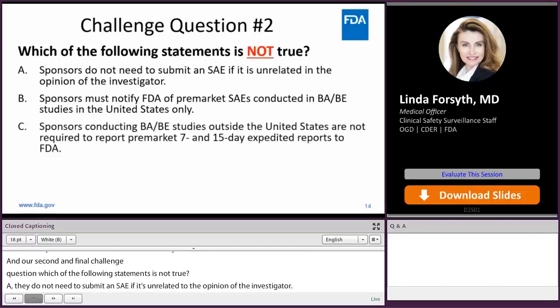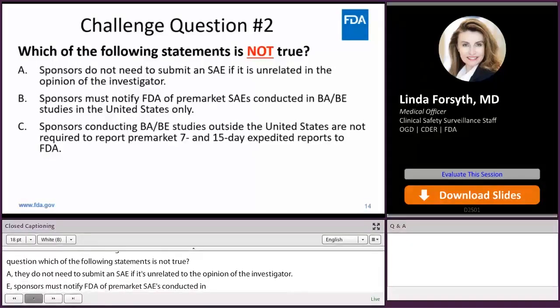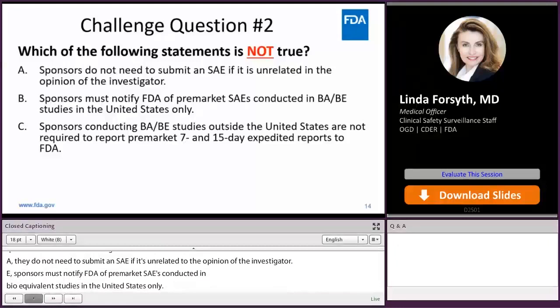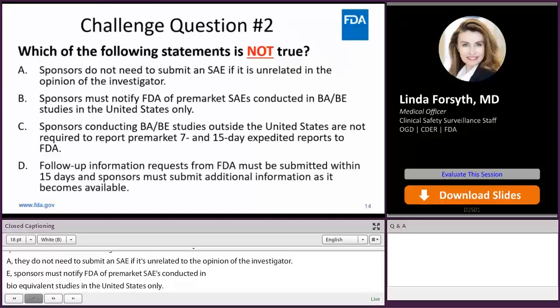C, sponsors conducting bioequivalence studies outside the United States are not required to report pre-market 7 and 15-day expedited reports to FDA. Or D, follow-up information requests from FDA must be submitted within 15 days, and sponsors must submit additional information as it becomes available.